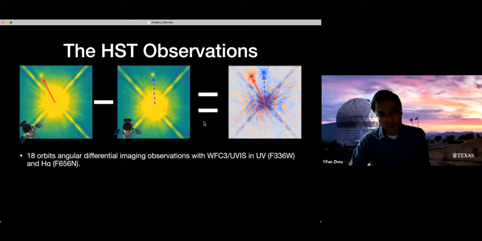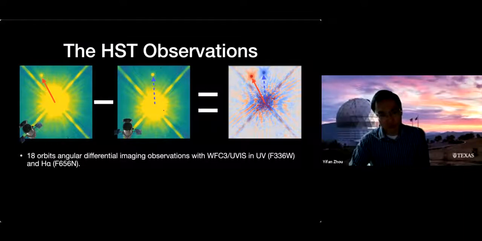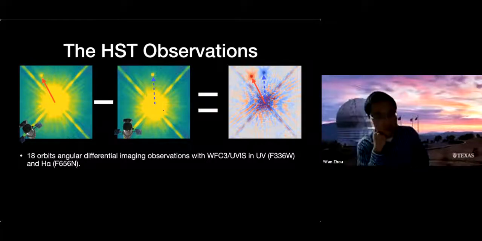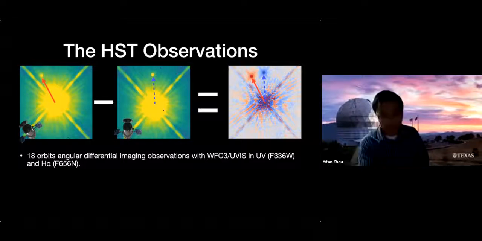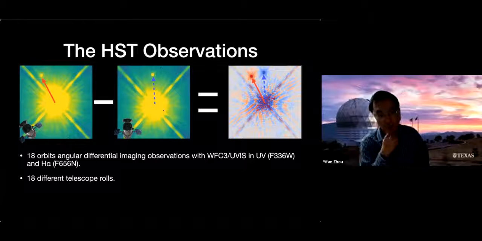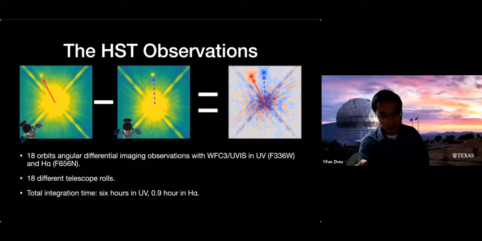For the actual observation of PDS 70, we conducted 18 orbits of angular differential imaging observation. In each orbit, we have the telescope rolled at a different angle, so our observation has 18 different roll angles to map out the shape of the PSF. We conducted the observations in two bands, in the UV and H-alpha, almost simultaneously.